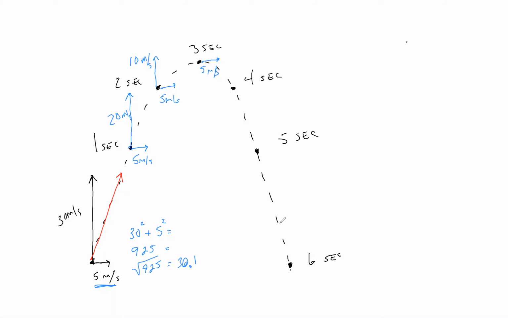Now, I hope it's obvious that at the peak of its parabolic arc, the vertical component of the velocity is 0. How about the 4-second mark? What is the vertical component of the velocity going to be at the 4-second mark?